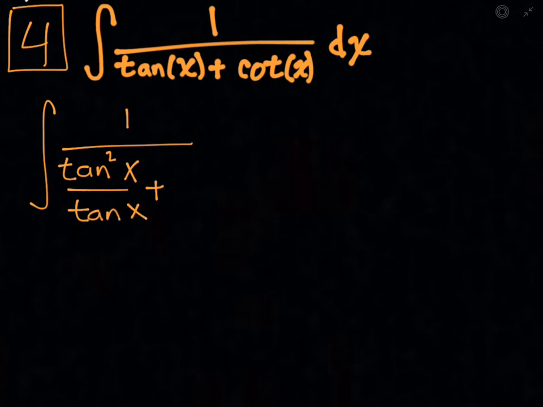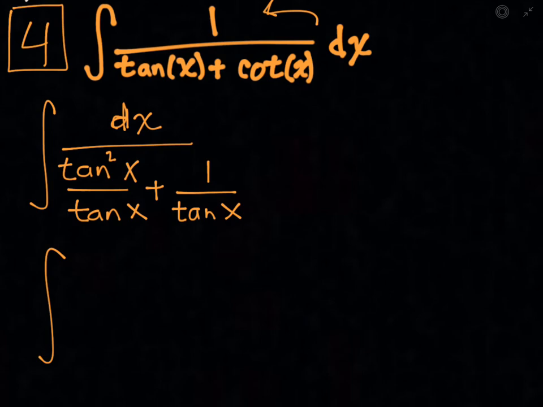We will move our dx to the top. I'm just moving it over there. And we can unwrap our cotangent, which is just 1 over tangent x. Now we can combine these two fractions because they have the same denominator.